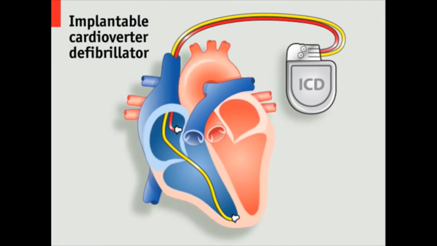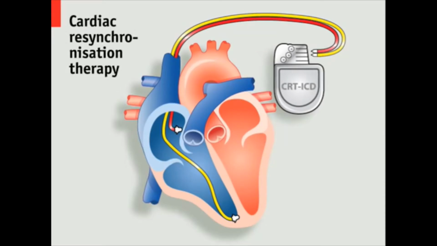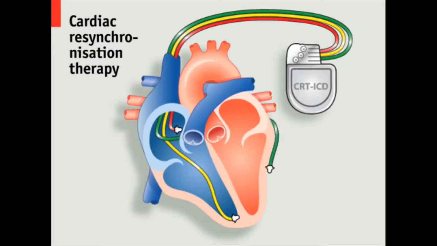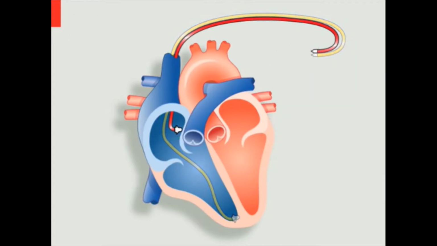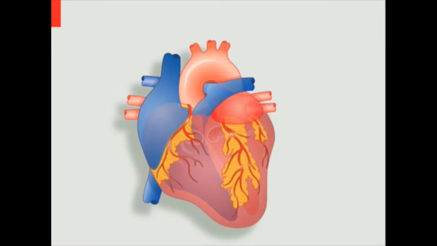For some conditions, an even more sophisticated device, called a CRT ICD, can be implanted. This uses a third lead inserted into the left ventricle to resynchronize the ventricles when necessary. However, all these leads can cause problems of their own. Patients with ICDs have a 20% chance of a lead failure within 10 years, and replacing leads can require open heart surgery in about 2% of cases.